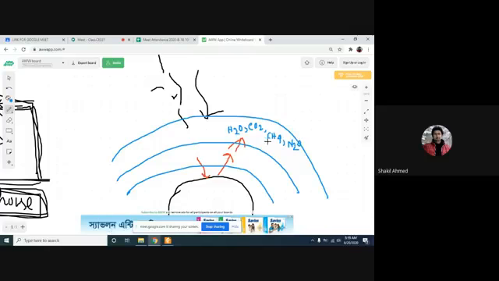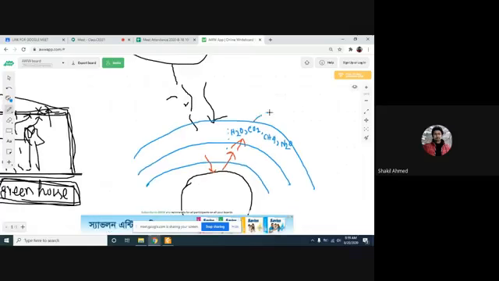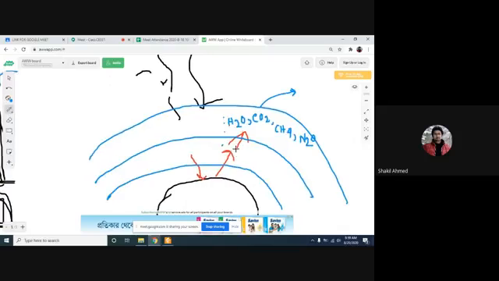Now, this layer of gas functions the same way as this glass functions. How? This heat, which is radiated back, cannot pass through the blanket.